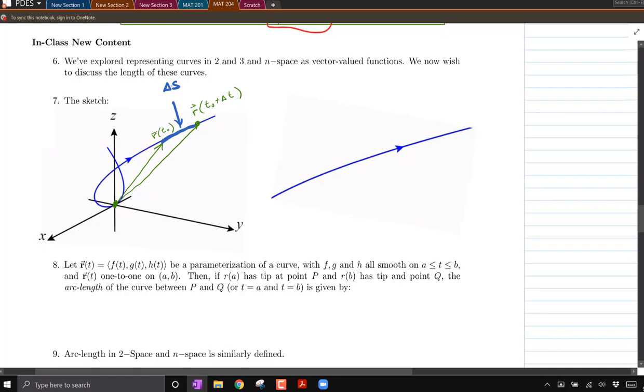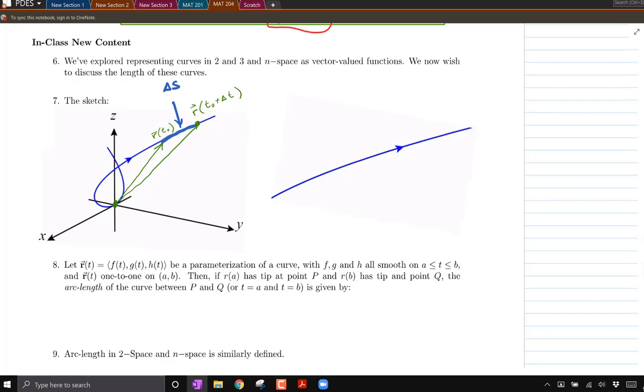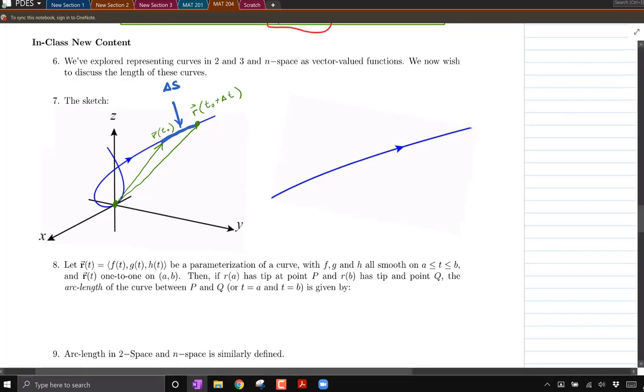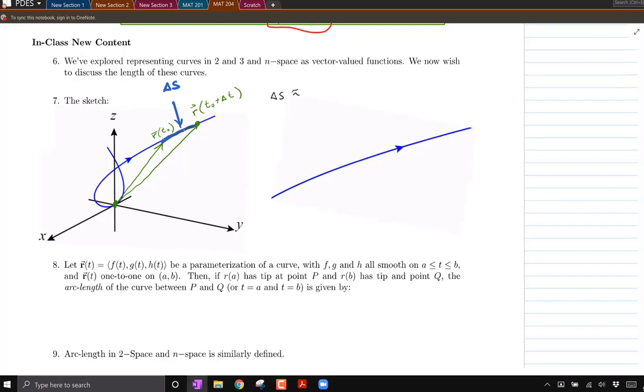And so what we see then is that delta s is approximately... Rather than thinking of s as a vector here, we're not talking about s as a vector, I want to talk about it as the length along this curve. Okay, so that's important.